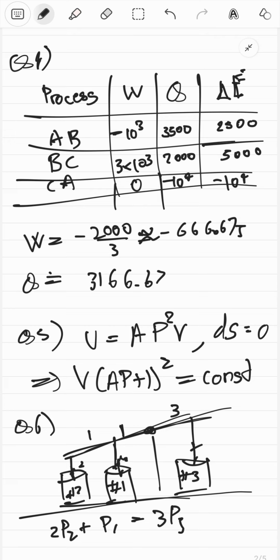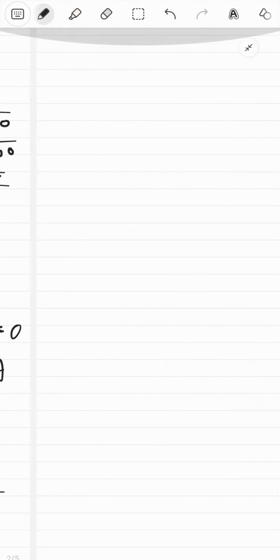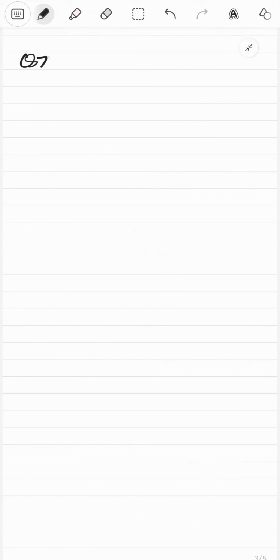Oh, forget gravity. Just talk about pistons and pressure. And they want the ratio of the pressures. But how? I don't know. Okay, not much is given, so I'm just going to move on.